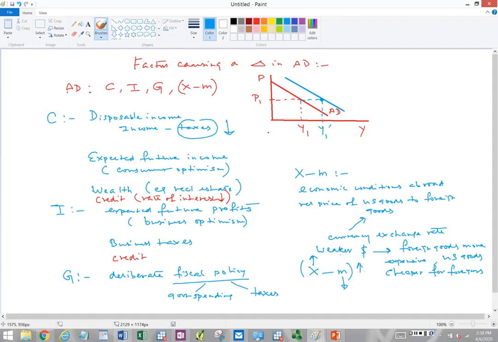Correct? So a change in the currency exchange rate could also cause US net exports to increase. Specifically, a weaker dollar would do this, right? And that would cause the AD curve to shift to the right. Right, so this was a quick summary of factors that cause changes in AD.